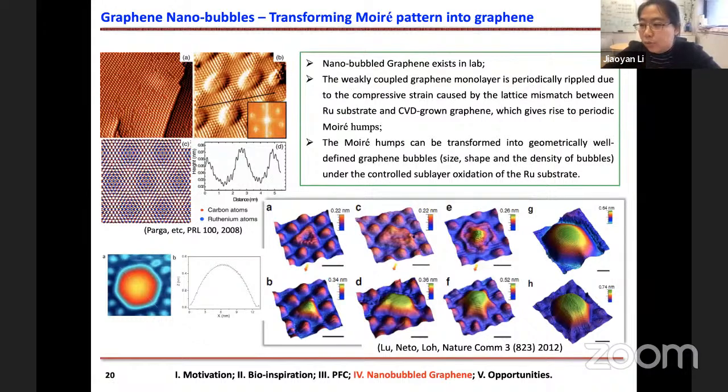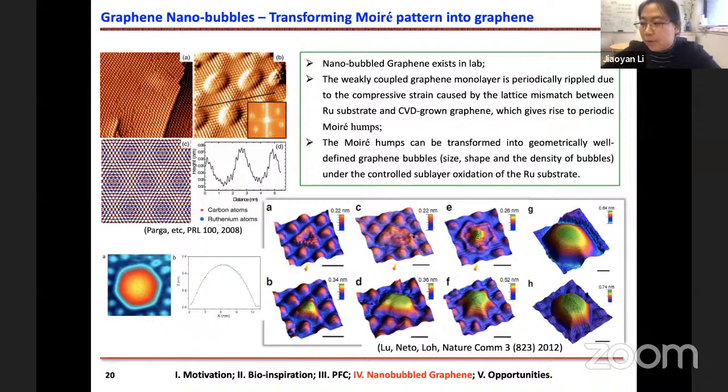According to our previous result, we can expect some defect scars in the transition area to stabilize this nanobubbled graphene together with the flat sheet around it.